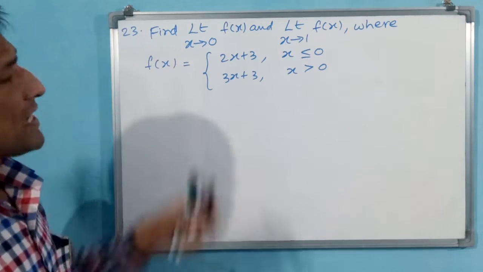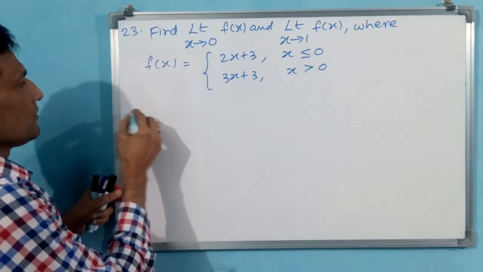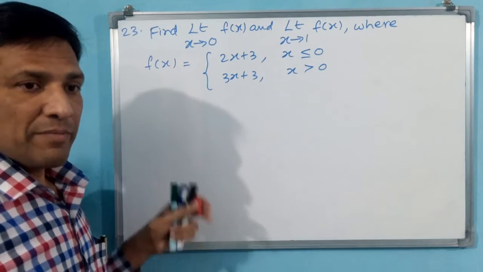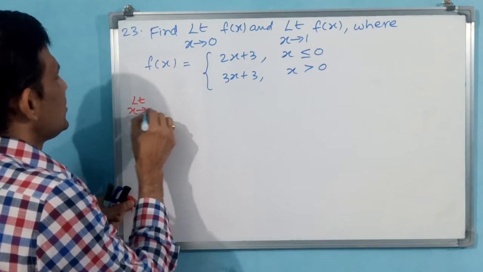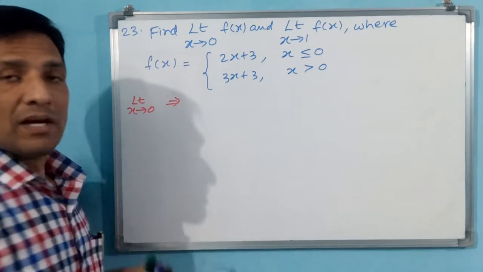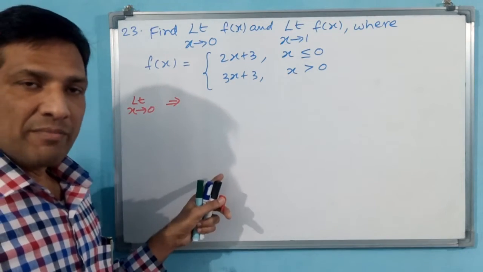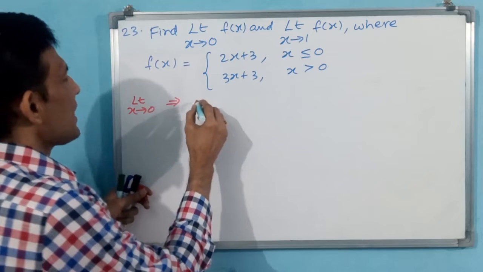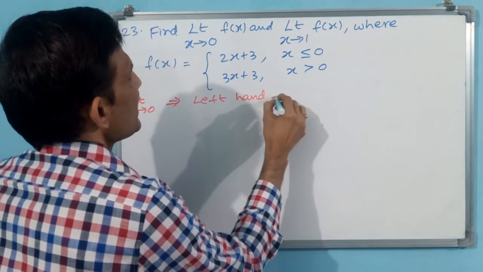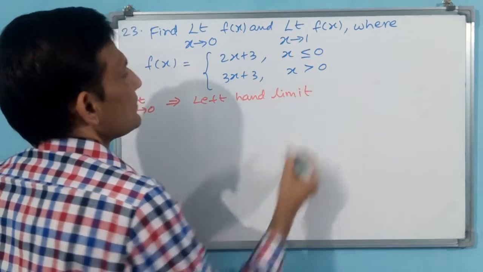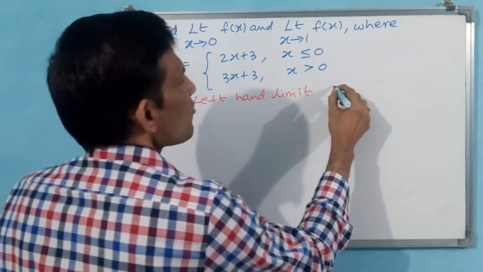First I am taking limit x tends to 0. When I take limit x tends to 0, I am taking the left hand limit and the right hand limit. First of all I am taking the left hand limit. How to write?